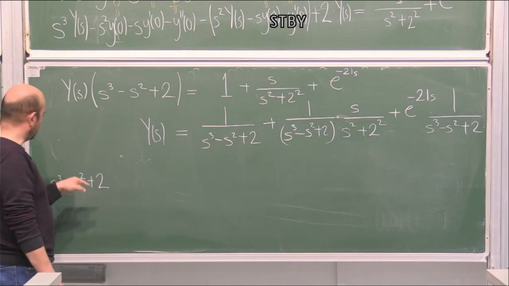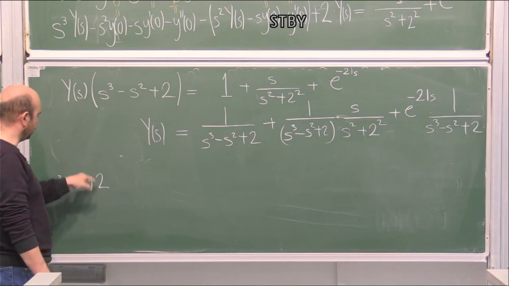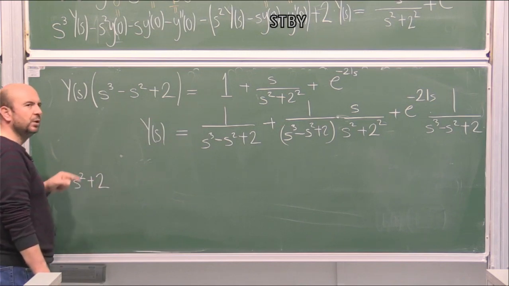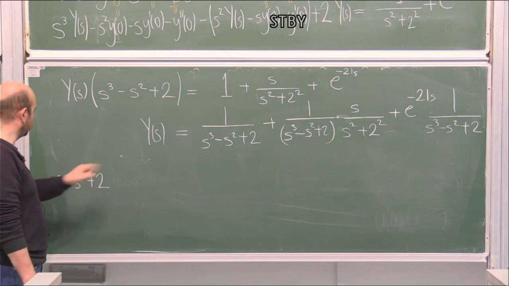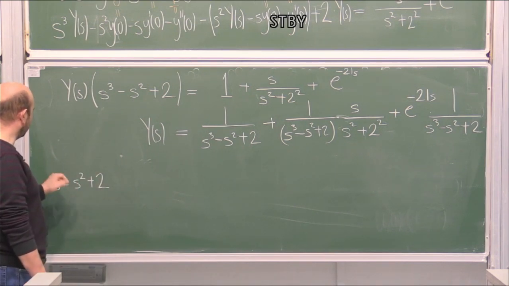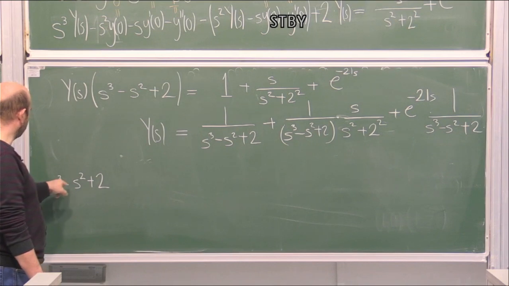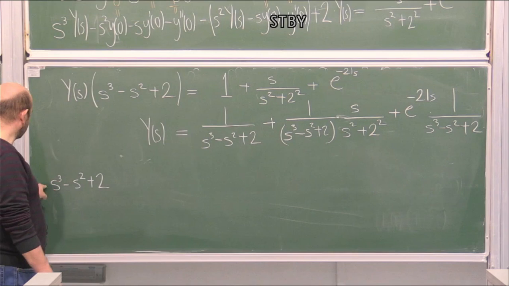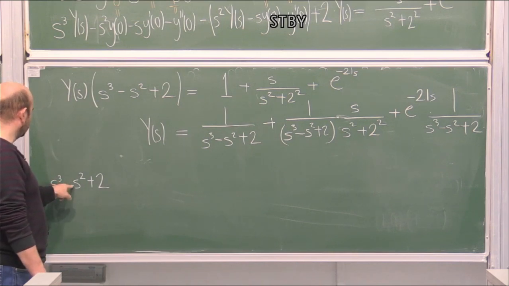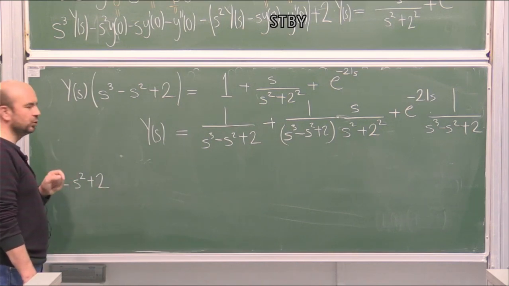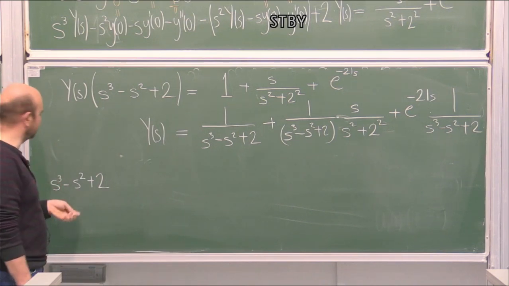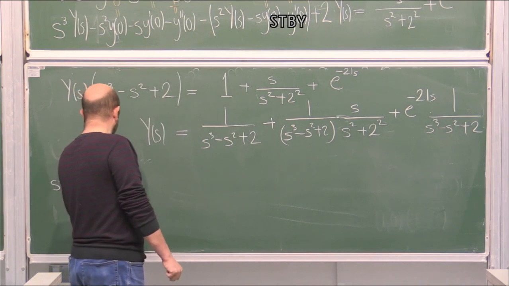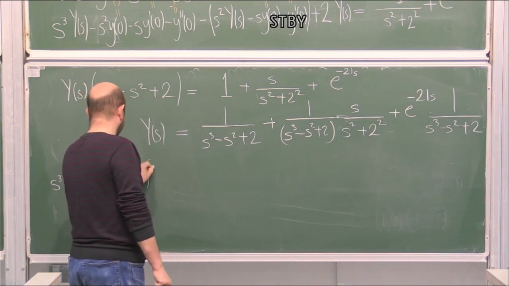So it will be either plus 2, minus 2, or minus 1, plus 1. If you plug in 1 here, we have 1 minus 1 plus 2, so it doesn't satisfy that one. If you plug in minus 1, then we have minus 1 here, minus 1 here, so we have minus 2 plus 2, so we get 0, which tells us minus 1 is a root of this, which says that in the factorization, there should be an s plus 1.